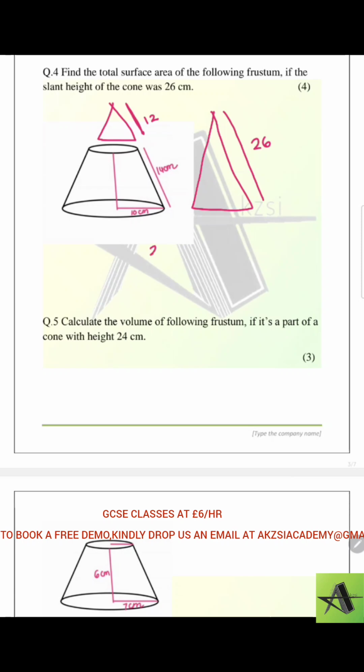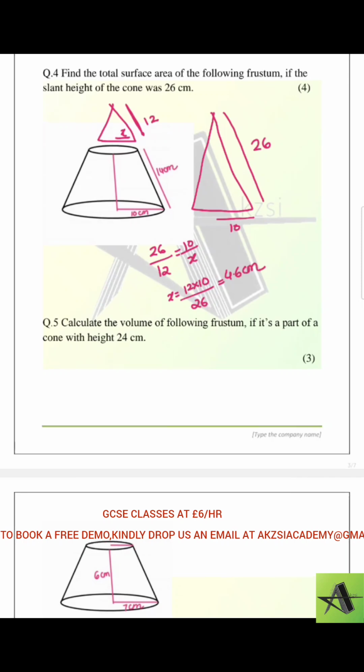So 26 divided by 12 is equal to, that means similar figures are, when you divide the corresponding sides, they are in same proportion. And now 10 divided by x. So this is 10, and let's say the radius of the smaller cone be x. From here, I'll calculate x as 12 times 10 over 26. The radius will be approximately 4.6 centimeters.